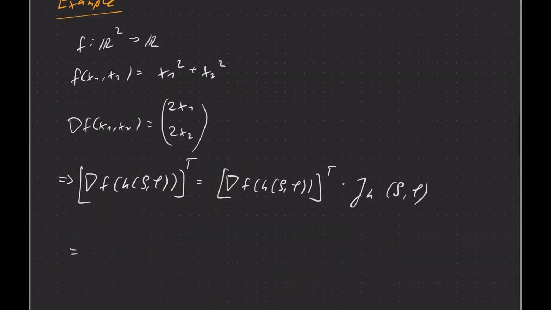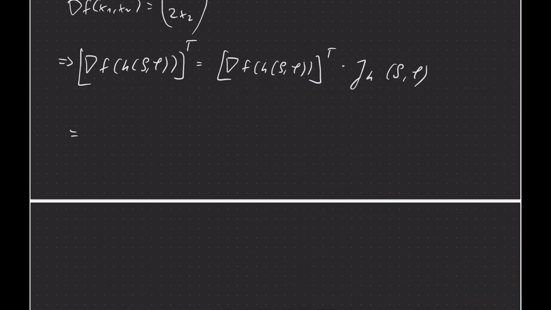So let's do that substitution here. Then what we get is 2 times rho cosine of phi and 2 times rho sine of phi. That's this gradient transposed.